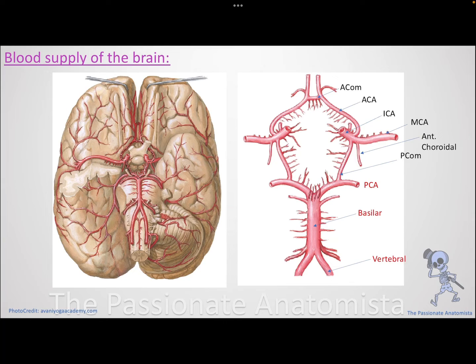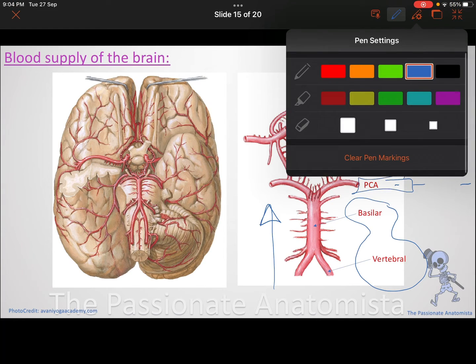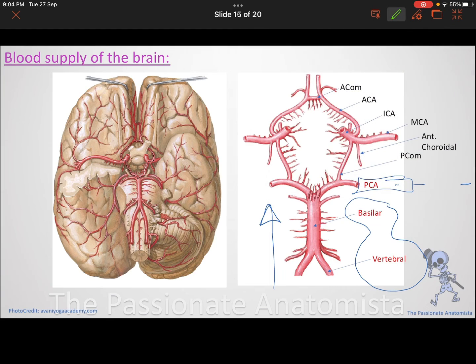Okay, so now we are reaching the posterior cerebral artery. The posterior cerebral artery is coming from what we call the vertebrobasilar system, and we will stop at that point. All right, now we want to form a circle of blood supply to the brain, to the cerebrum. So we're going to call these cerebral arteries. If my posterior is coming from the vertebrobasilar system, the internal carotid in this case will be very jealous.